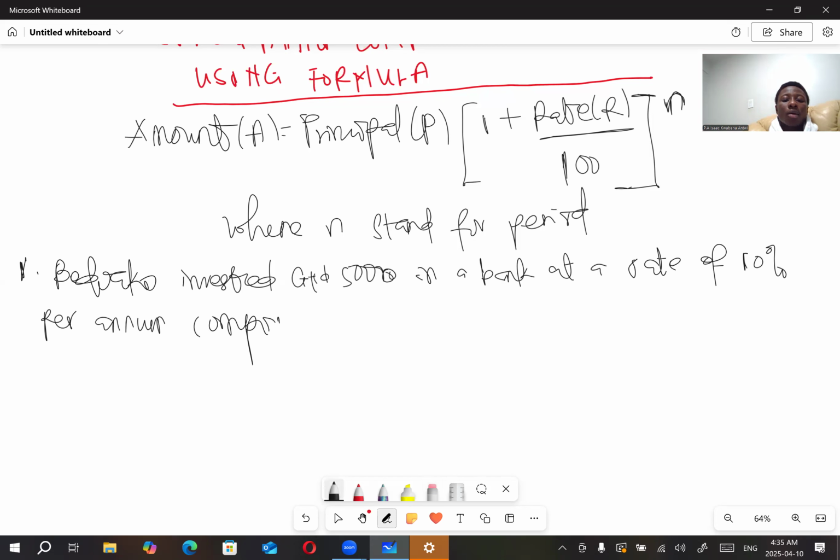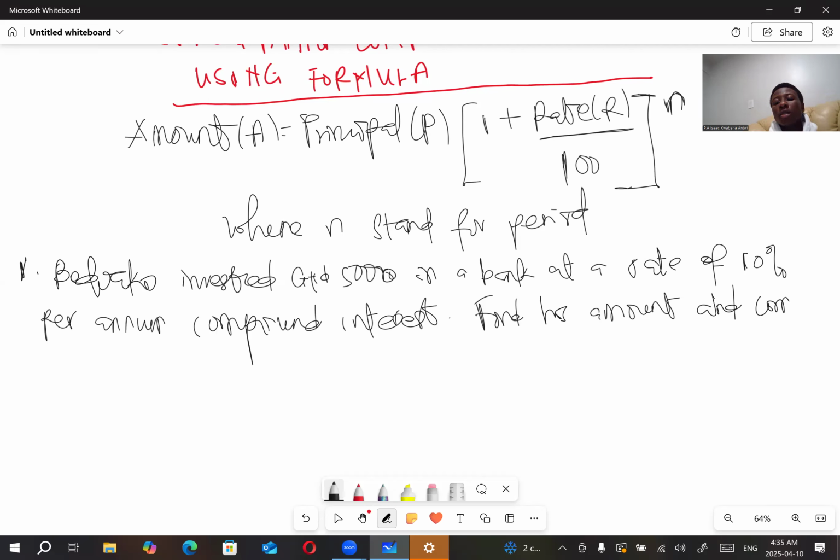Compound interest. Find his amount and compound interest at the end of 2 years.